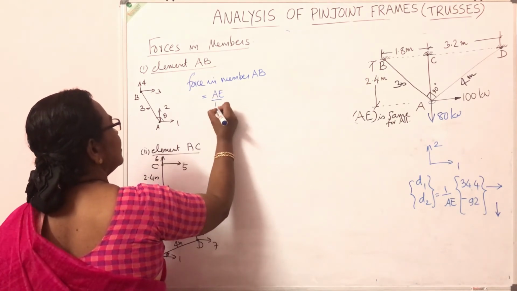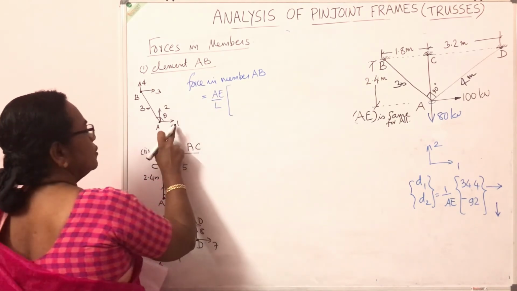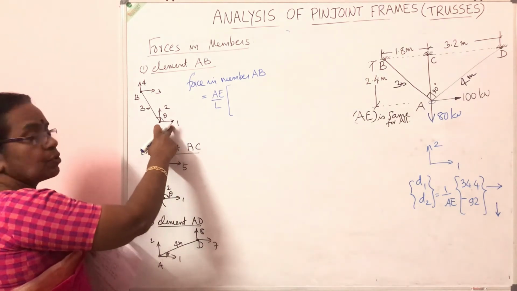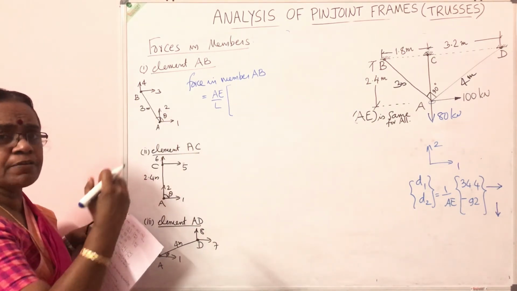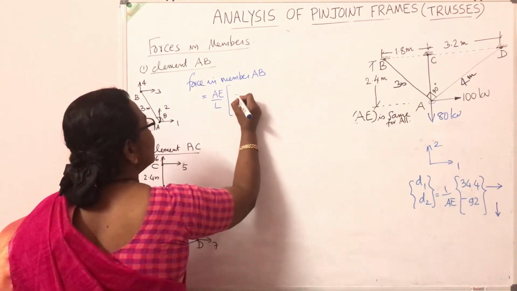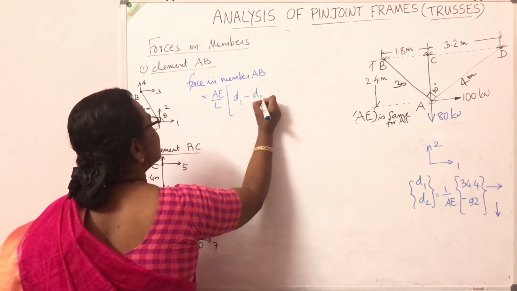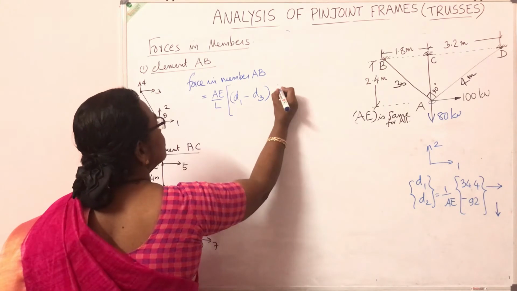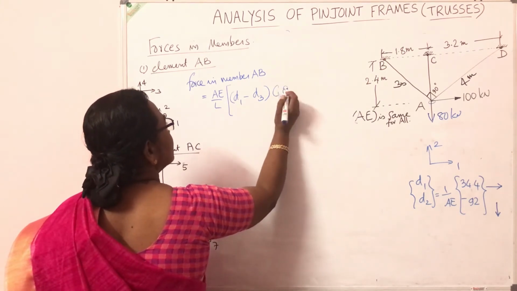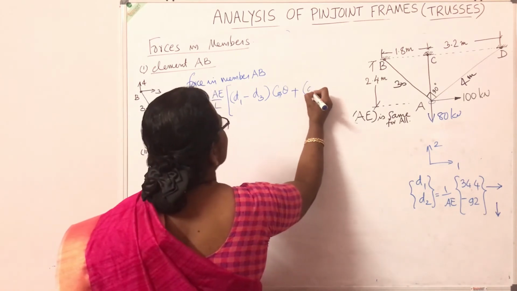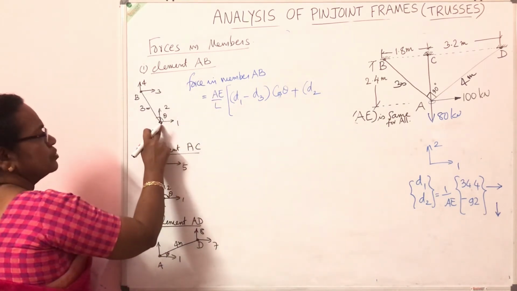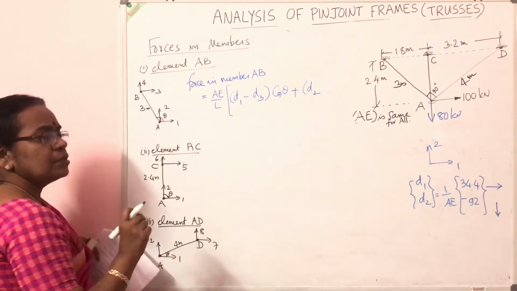AE by L into the first node horizontal displacement D1, the second node horizontal displacement D3. So difference in horizontal displacements D1 minus D3 into cos theta plus vertical displacement first node D2, second node D4.